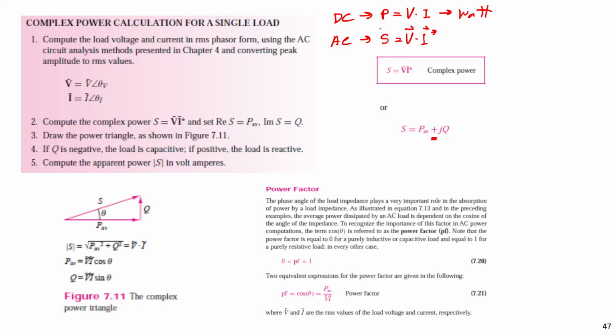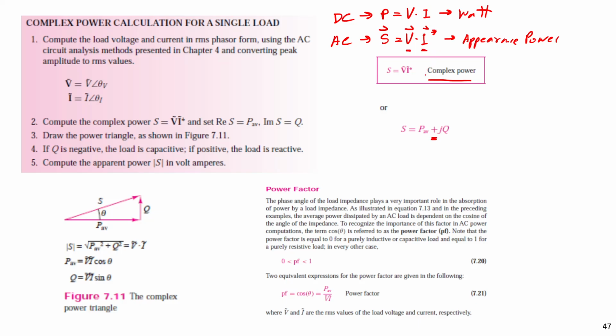Okay, and this is it. We call S the complex power, or sometimes apparent power, the power that appears from voltage and current.